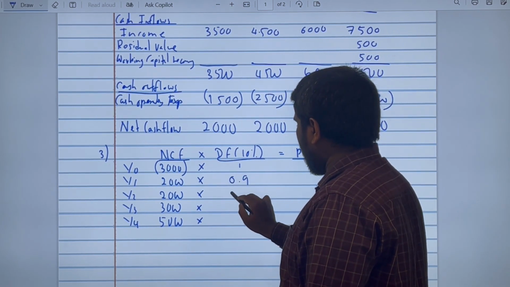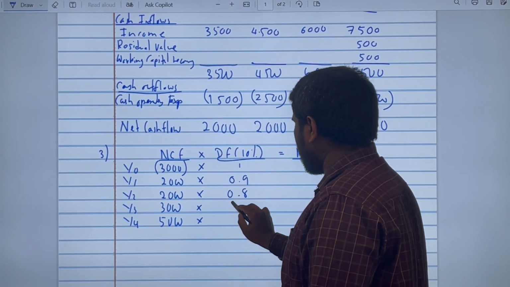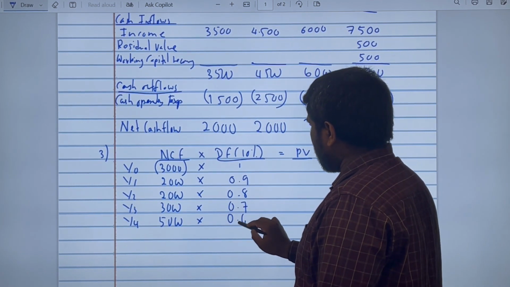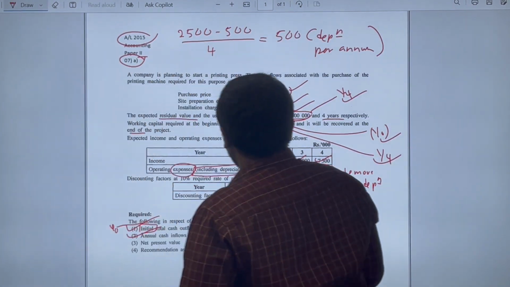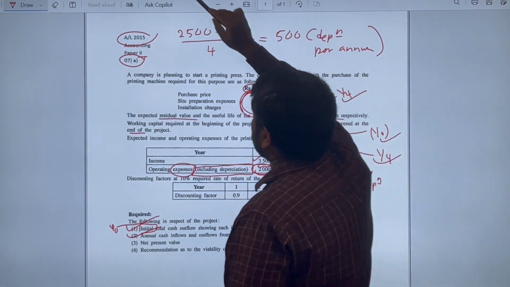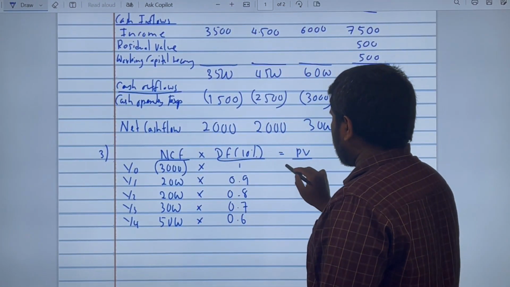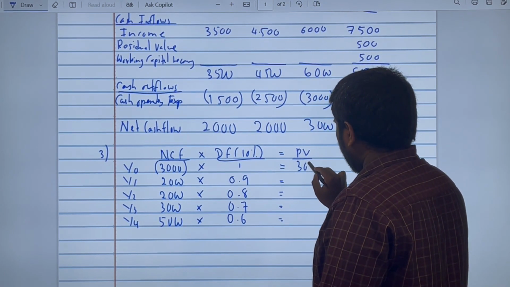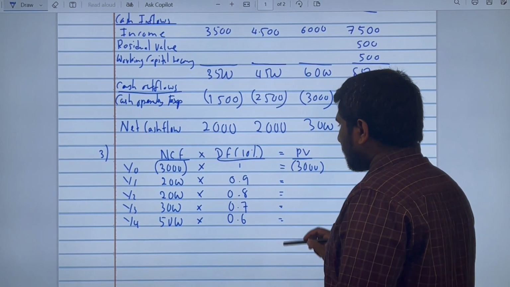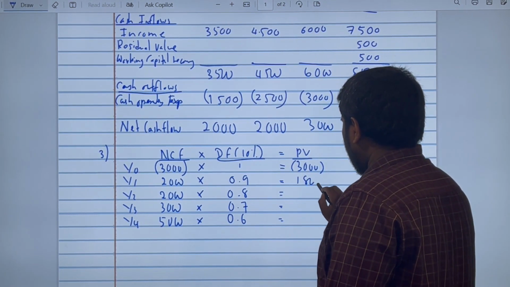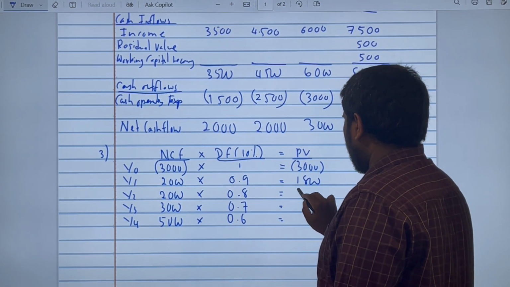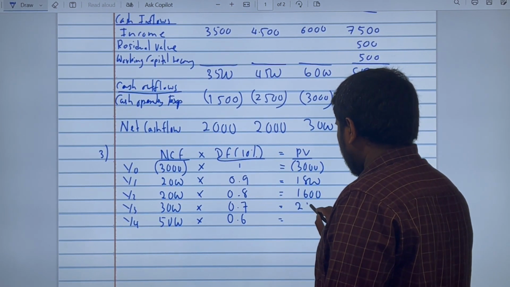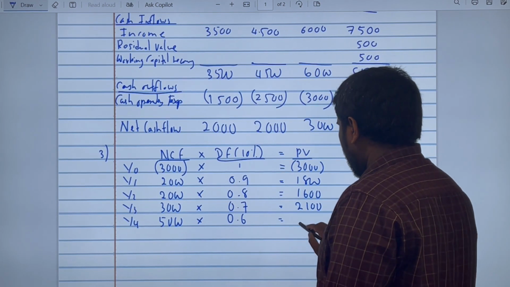Here 0.9, 0.8, 0.7 and 0.6. Now let's get the present values. Here negative 3,000. Here 1,800. Here 1,600. Here 2,100. Here 3,000.